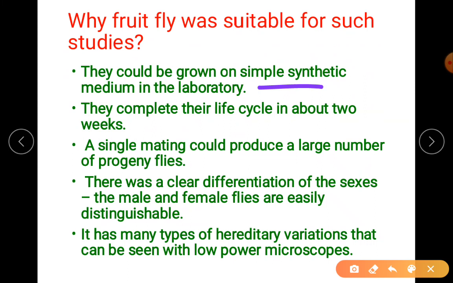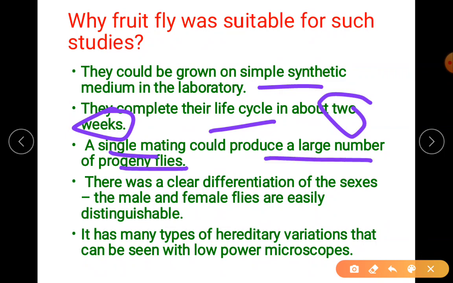Then the life cycle completes in about 2 weeks. It is a very short period, so you get results very soon. Compared to Mendel's work, his work was a little faster. And a single mating produces a large number of progeny flies, so one mating is enough to produce a large number of offspring. Even the sexes can be identified, the male and the female can be easily distinguished.